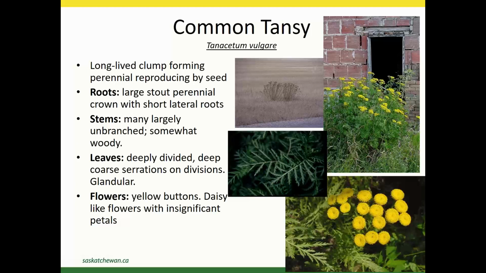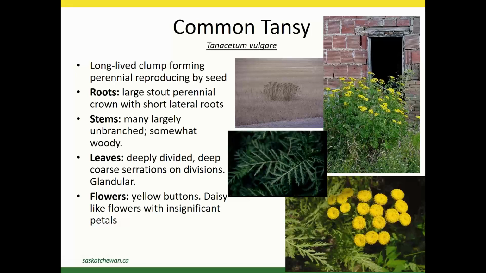The leaves are deeply divided with deep coarse serrations on those divisions. And if you look on the underside of the leaf, you can see that there's glands on those leaves. So you can see where they'll produce some essential oils from the base of that plant.